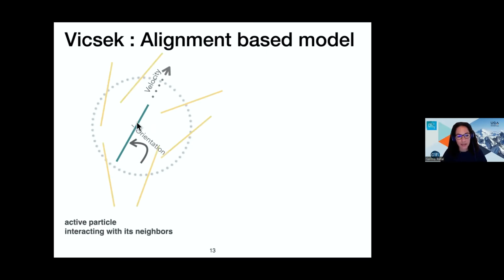And this particle will be given a rule. Its orientation would be given by the mean orientation of the first neighbors of this particle. And the orientation will be calculated with a little bit of noise added.